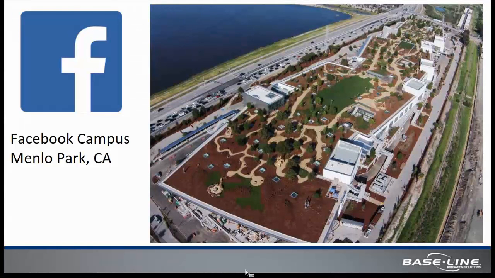So the green roof itself is park-like. It's very similar to a city park when you're in it and wandering about the green roof, and it's a very, very beautiful place to be.